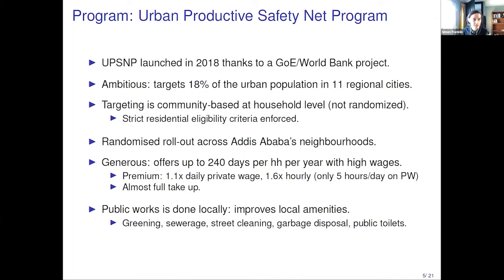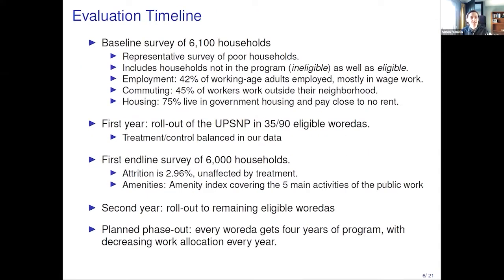We start with this survey of 6,000 households that is representative of poor households within the city. And it's also going to focus on both people who are eligible for the program, and so actually get the program in the end, and people who are ineligible, so non-beneficiaries of the program, within treated and untreated areas.